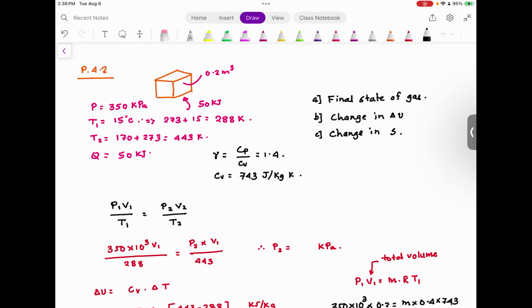Then we will apply the same equations for the constant temperature process, and we would apply the same equations for polytropic and isentropic process. Everyone understood this? The process is going to remain the same. The approach is always going to remain the same. Just you need to pay attention to what type of process it is, with constant volume, constant pressure, constant temperature, isentropic or polytropic.